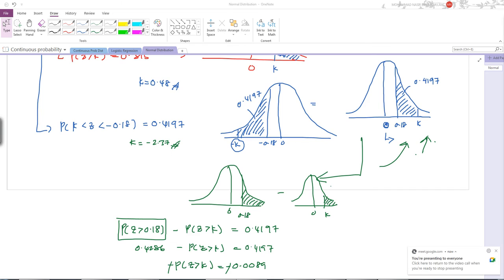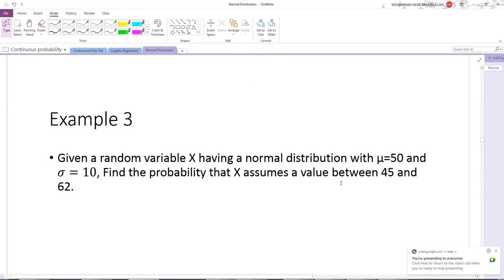Boleh faham? Ada soalan tak? Any questions so far? So if you don't have question, then we move to example number 3.